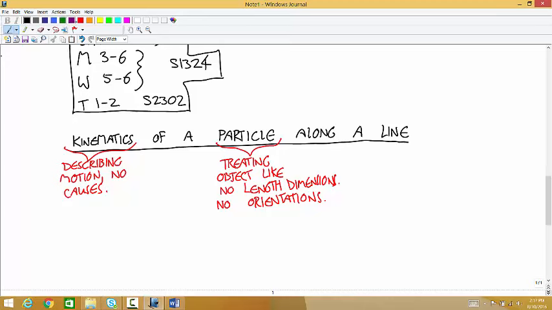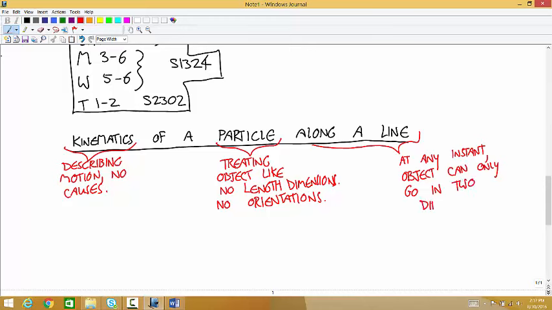And then along a line, well, that's pretty self-explanatory, but one thing that means to us is that at any instant, the object can only go in two directions. It can only go forward along the line or back along the line.